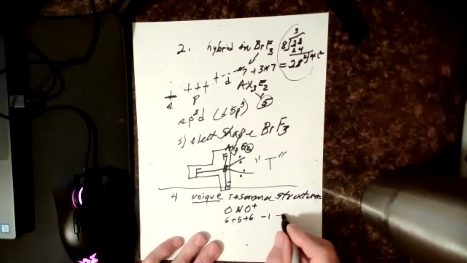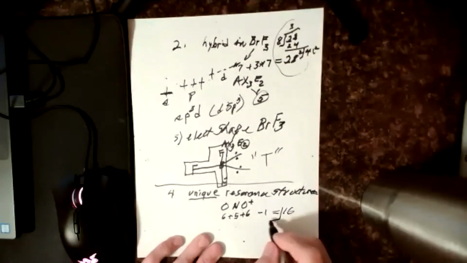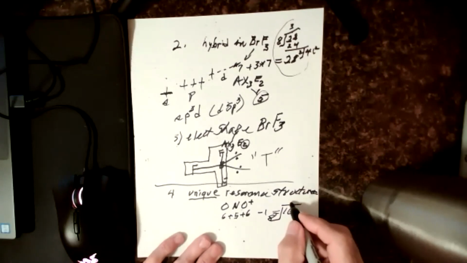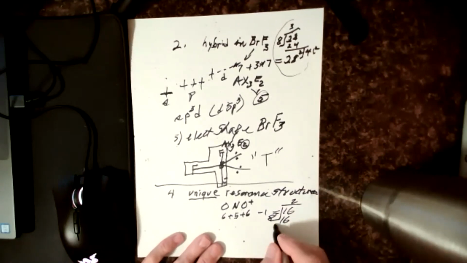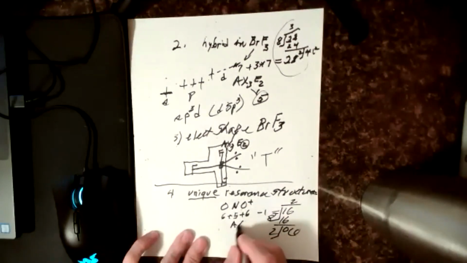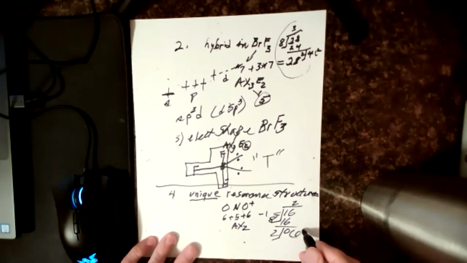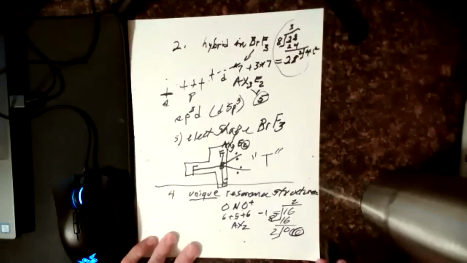Minus 1 would be 16. So I do my math. Divide by 8, I get 2. 16, I get a remainder of 0. 0 divided by 2 is 0. So this is an AX2 type. Kind of expected that. But the important point is there are no lone pairs.